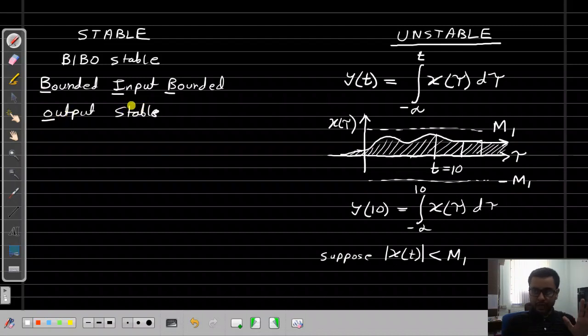Just for your information, there are other notions of stability, or other types of definition of stability, but in this course, by stability we shall mean BIBO stability, or bounded input, bounded output kind of stability. That means if the input is bounded, whether the output is also bounded or not will determine whether the system is stable or unstable.